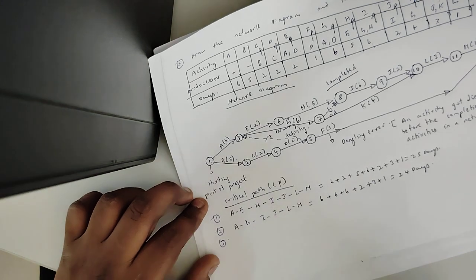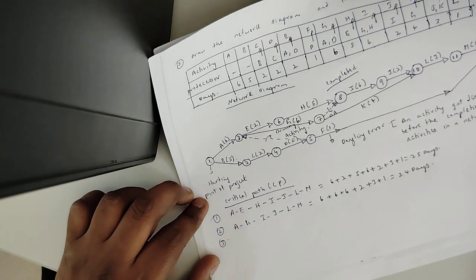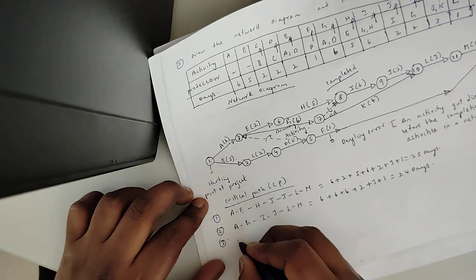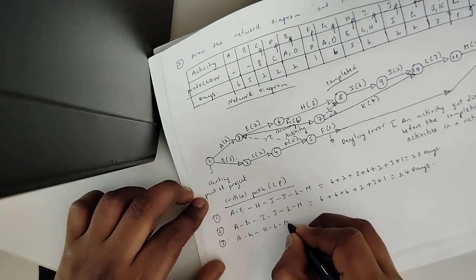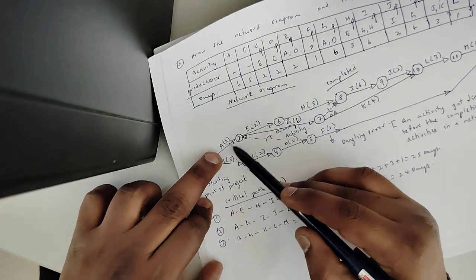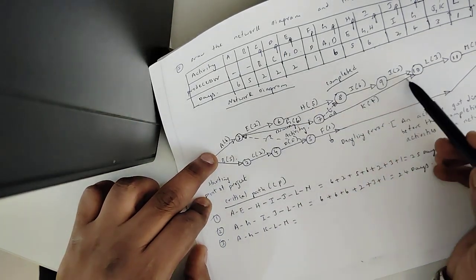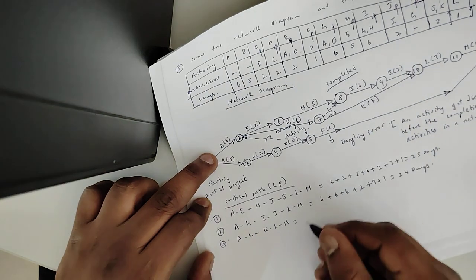the third path. So can you see, students, we will find the third path. For that A, G, K, L, M. Here A, G, K, L, M. Is it fine?